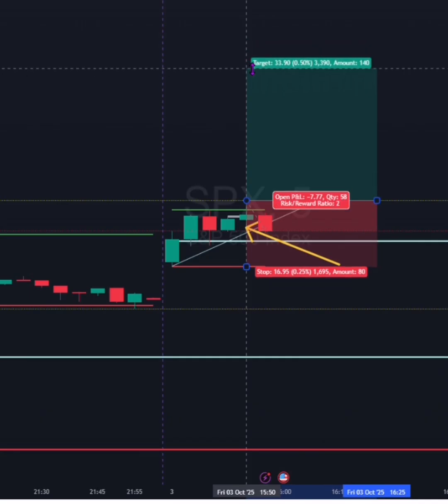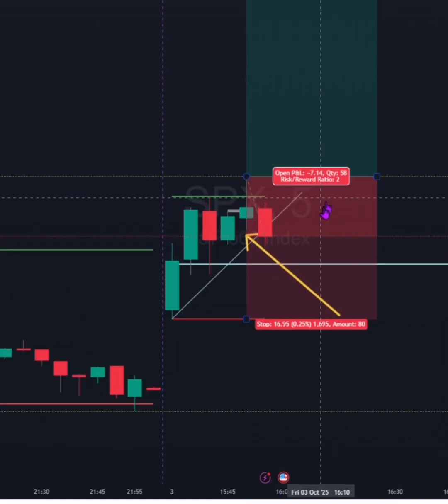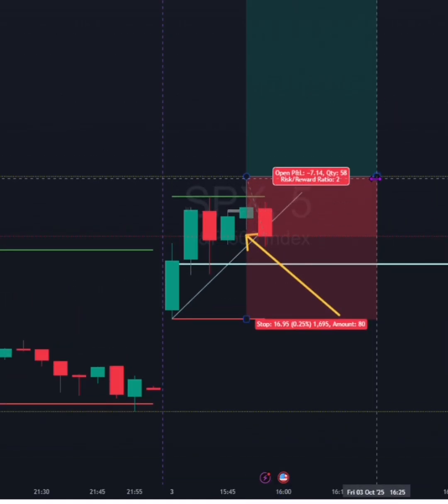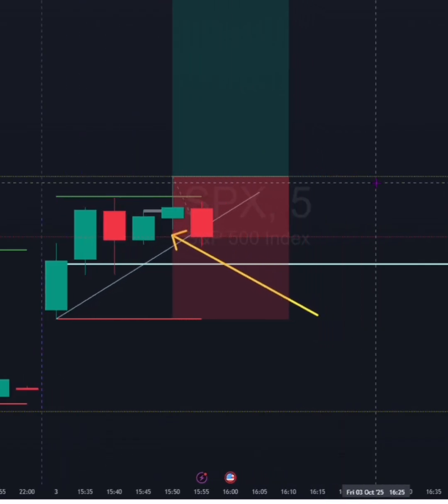Yeah, I'm a dumbass. I should have just waited for the candle to close on the outside rather than entering a trade early. But yeah, basically you don't want to do what I just did. You want to wait until the candle closes on the outside, like this.